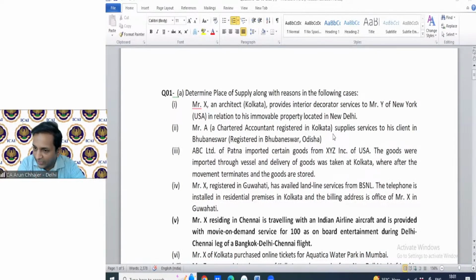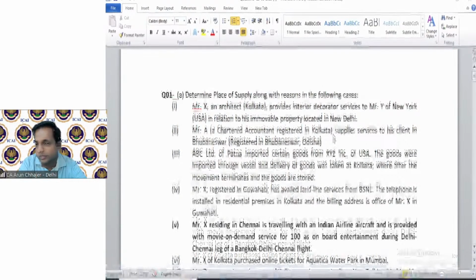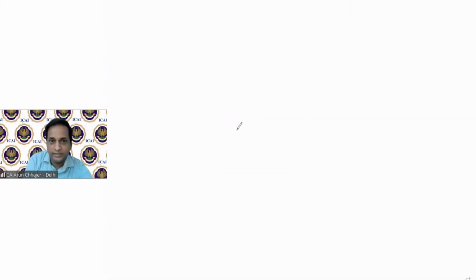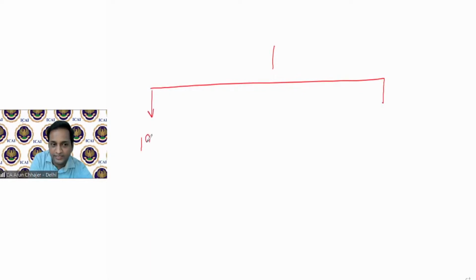I will try to explain some of the provisions also, so that there will be more clarity in every case study. In the GST, to determine the place of supply in case of services, we all know there are 2 sections, section 12 and section 13.